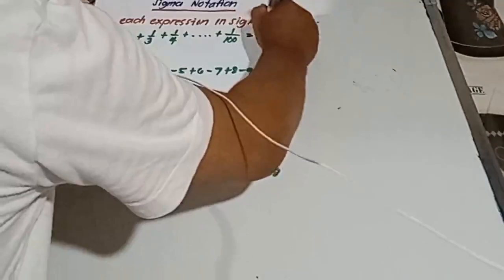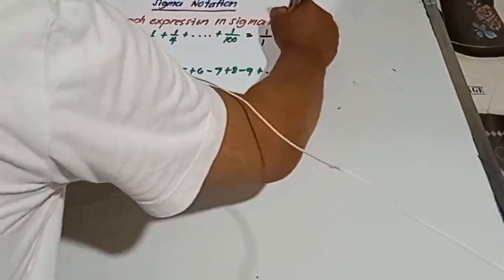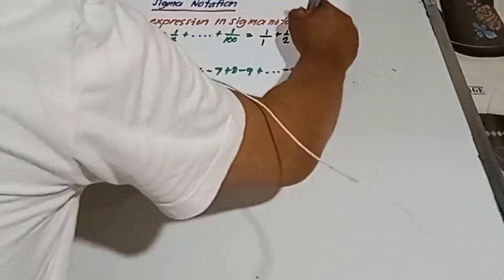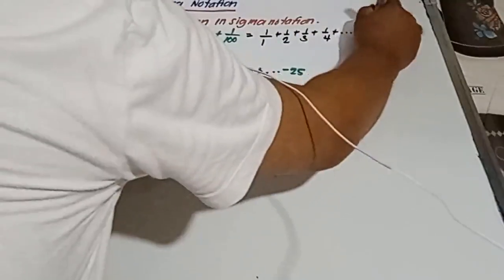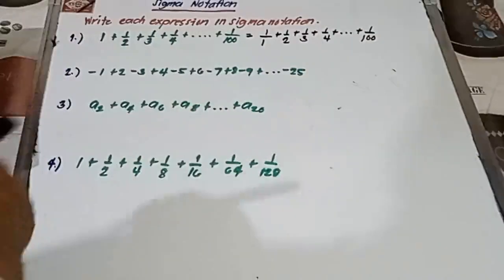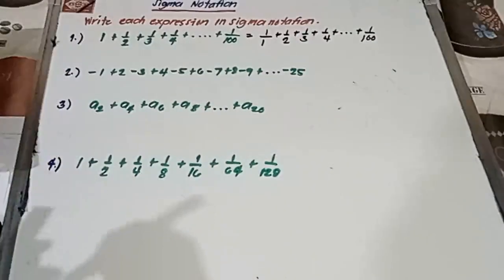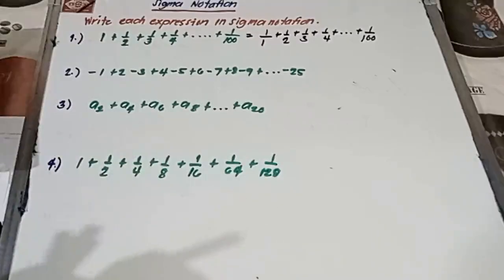So that is equal to 1 over 1 plus 1 half plus 1/3 plus 1/4 plus until it reaches 1 over 100.